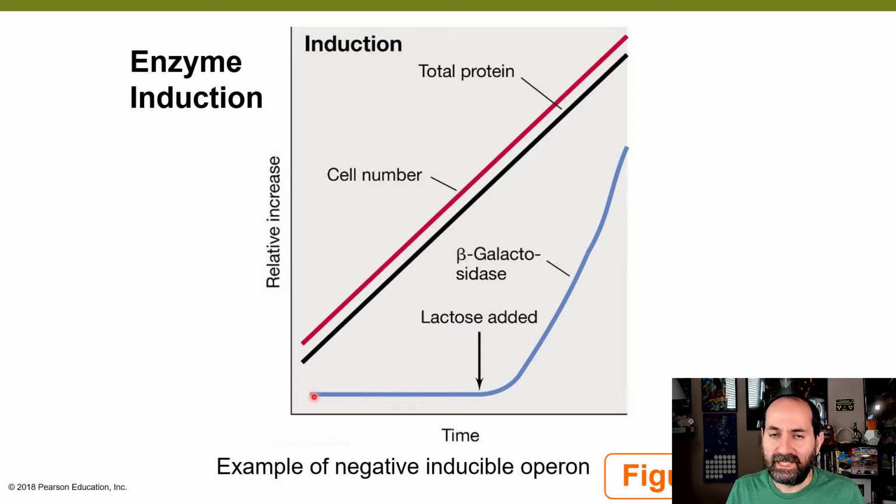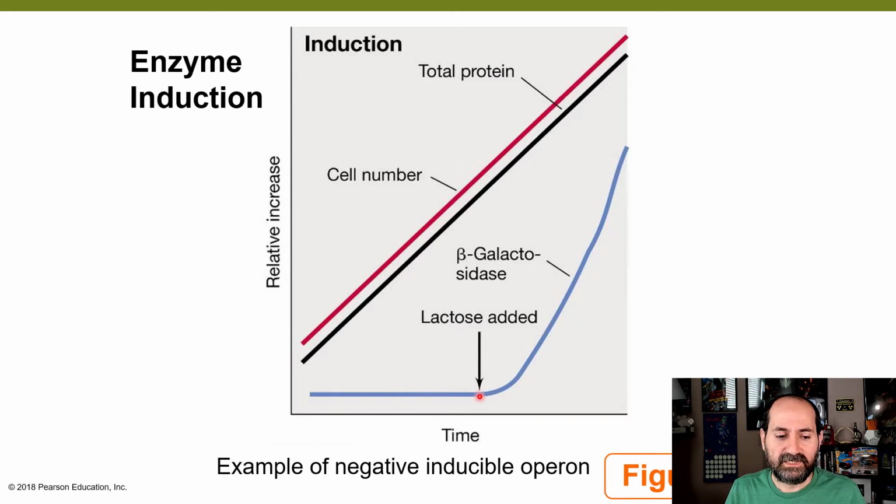You know why? There's no lactose in the environment. So what you see here is no production of lactose catabolizing enzymes. These enzymes that break down lactose are not being synthesized, right?